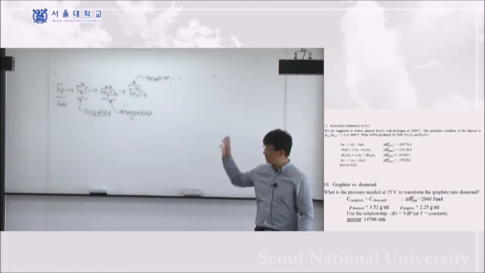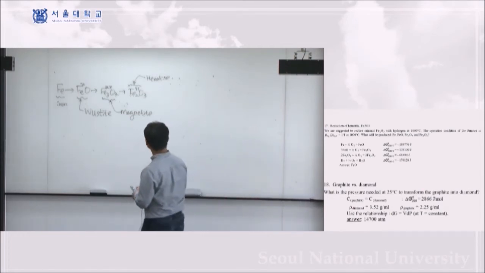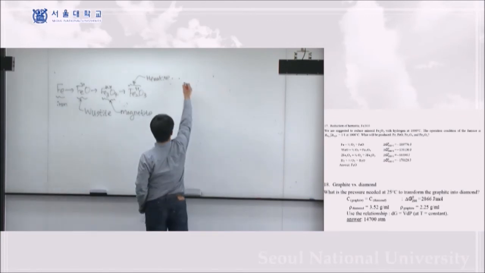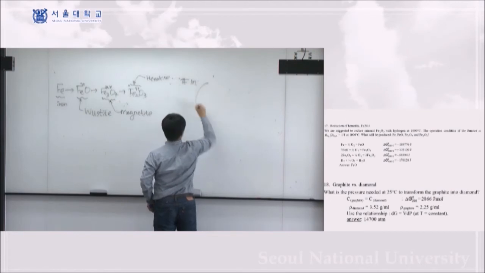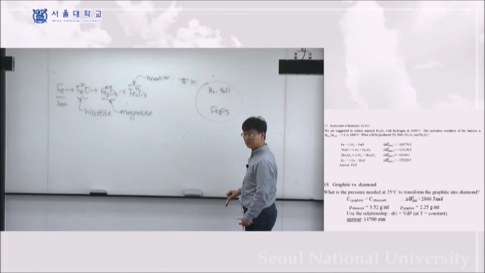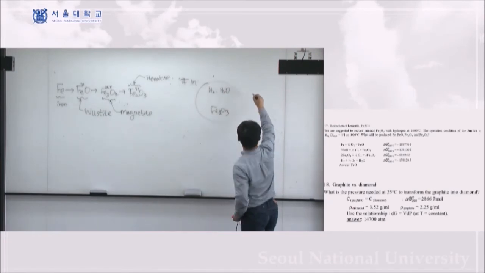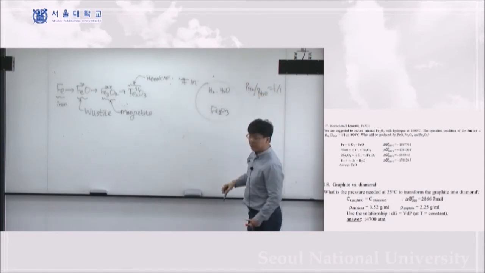Okay. So I have this gas condition. If I add this Fe2O3, sorry, this one is number 17, I have H2O gas inside here, and this H2/H2O gas is in a one-to-one ratio.